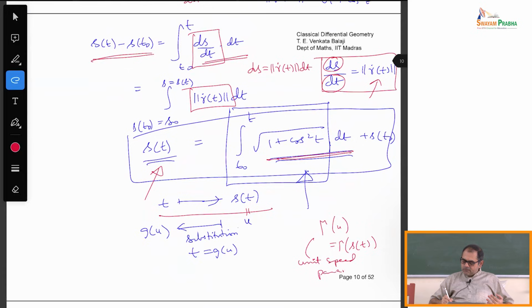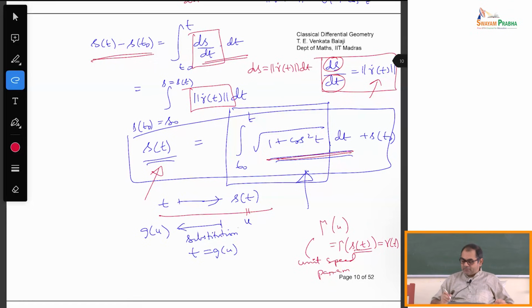But you want a formula in terms of the original small gamma, because what is given to you is only the original small gamma, which in this case is gamma of t equal to (t, sin t), because it's the graph of the sine curve. From that I want the formula for capital gamma. If I knew what capital gamma is, I could just plug s of t into it, and I would get small gamma of t.